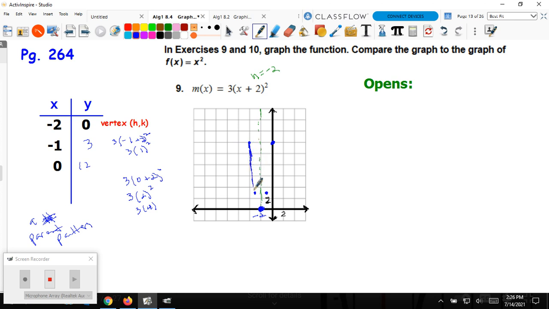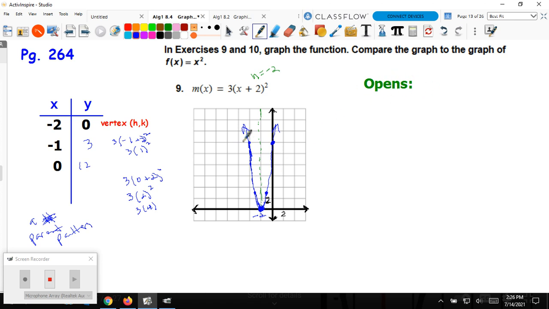So let's come down and draw this, a little U shape. It's a thin U, but it should be not a V. Trying to make it not a V there. And then put your arrows on the ends. And that's what it should look like there. So this one I put over here opens, and we should have maybe looked at that first possibly.